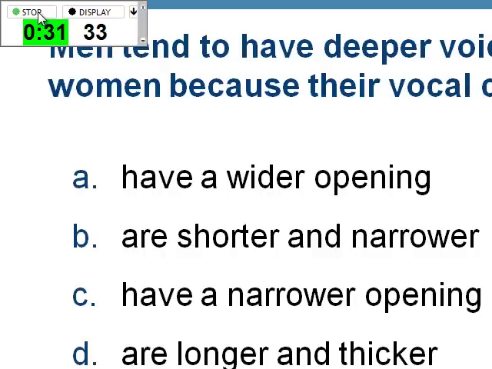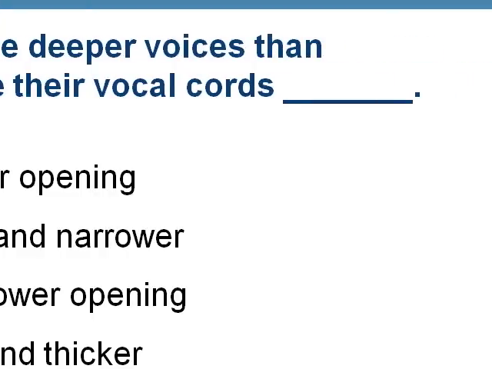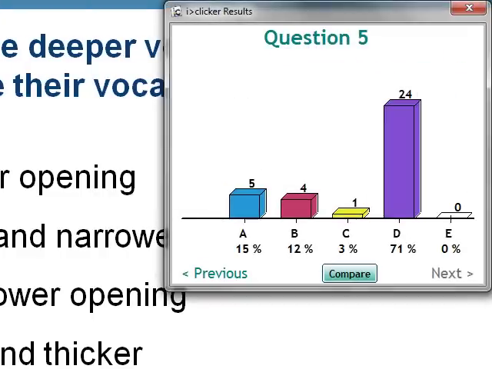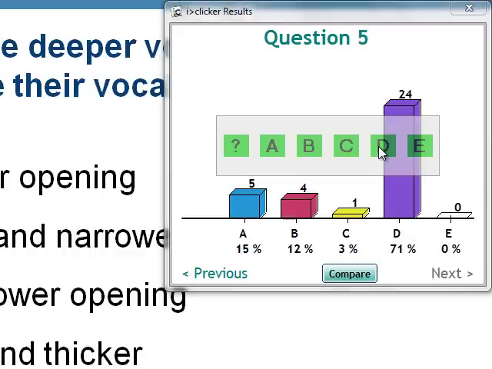Five, four. What's the answer? D. Remember we talked about a cello versus a violin? If they're shorter, they're going to be higher pitched. If they're longer and thicker, they're going to be lower pitched. So D is the answer.